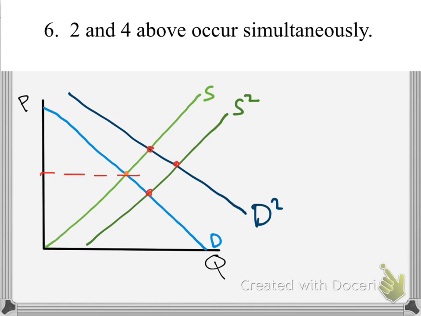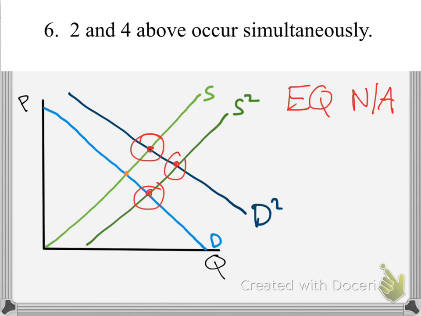Now, if you remember how I explained it last time, look, there are points both above and below the original equilibrium point. So our new equilibrium price would be indeterminate, or in this case, for shorthand, I'm going to say not applicable. You don't know if it's going to be up here, down here, or over there, or wherever. You cannot determine that equilibrium point.